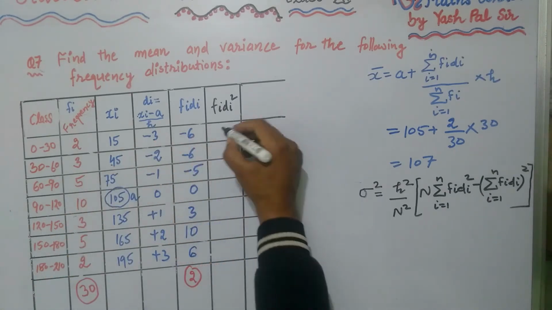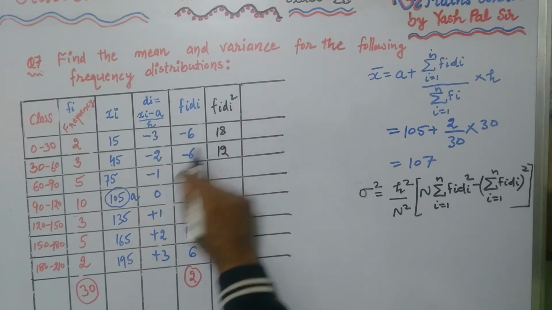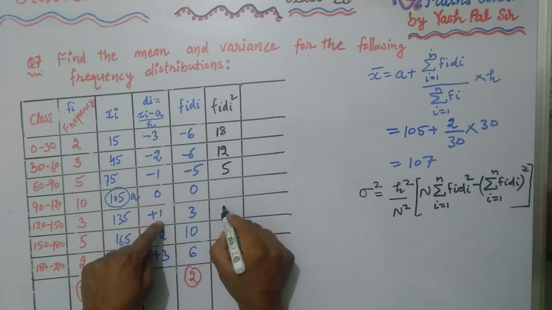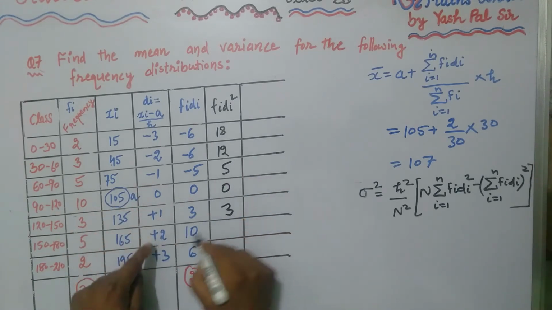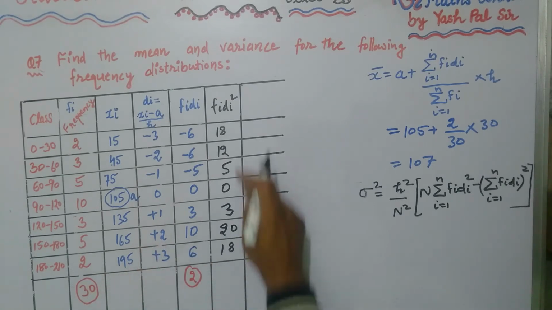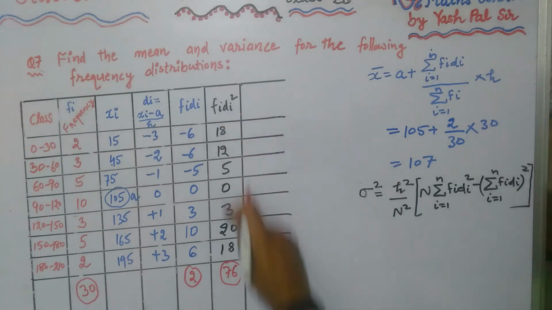6 into 3 is 18, 2 into 6 is 12, 1 into 5 is 5, this is 3, 0, 3, 20, 18. Now we also find the sum of this column. The sum is 76.